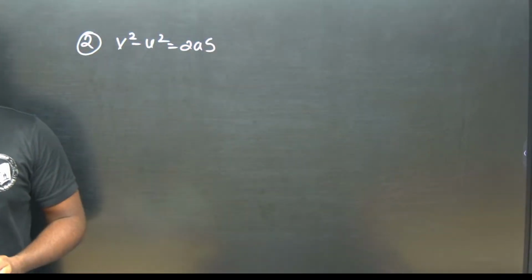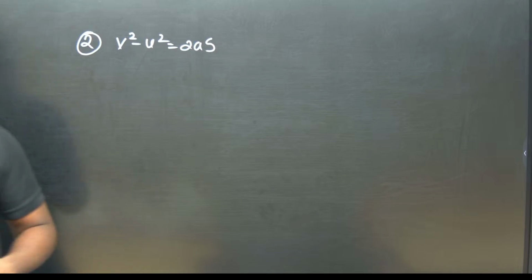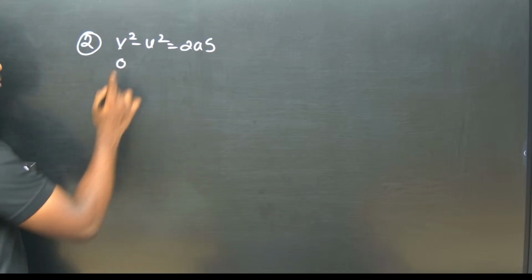Second one is V square minus U square equals 2AS. So what is V square? V I will keep as 0, since we are considering the maximum height case.